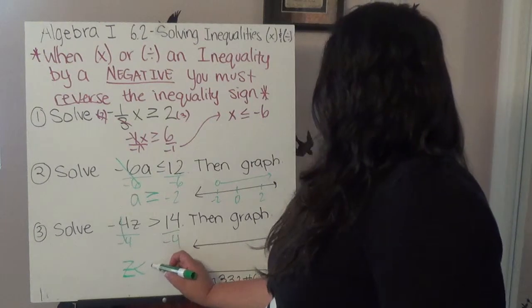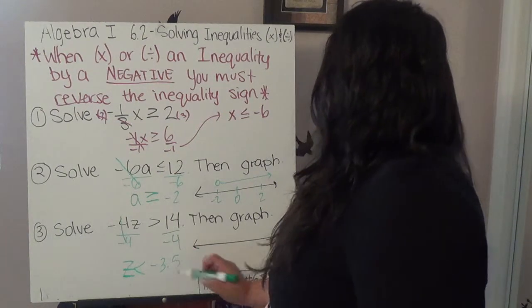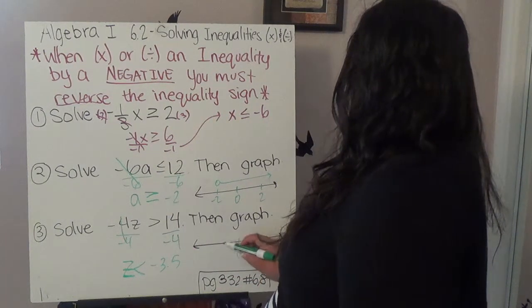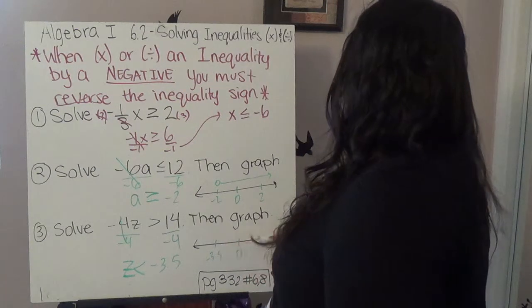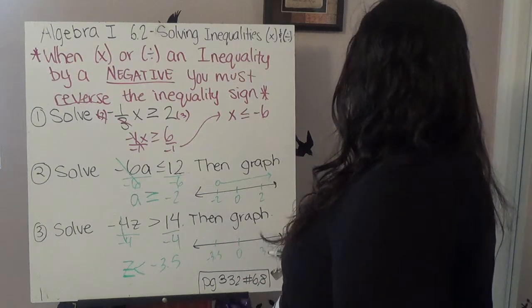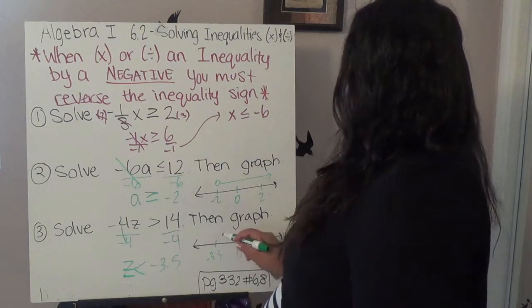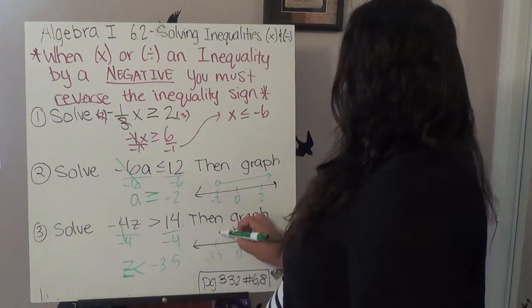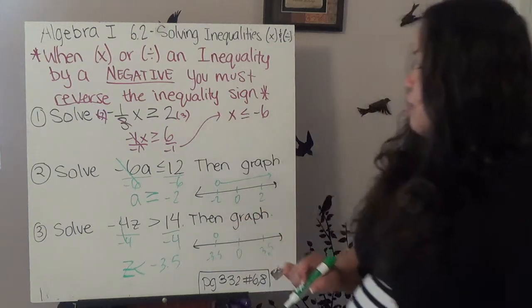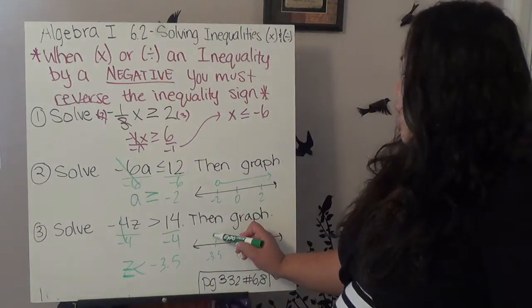Z is less than negative 3.5. And I graph it just the same. Here's 0, here's negative 3.5, and here's 3.5. I'm going to find negative 3.5, and because there's no line underneath, I'm going to put an open circle, and it's all numbers that are less than negative 3.5.